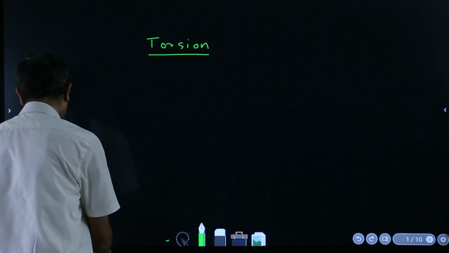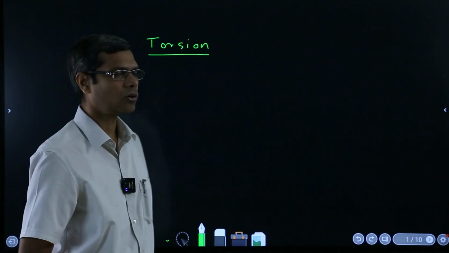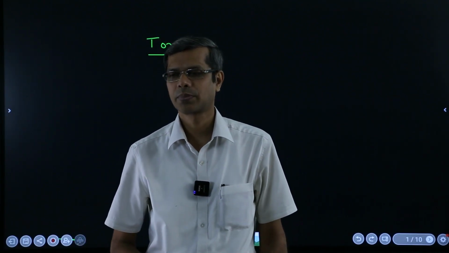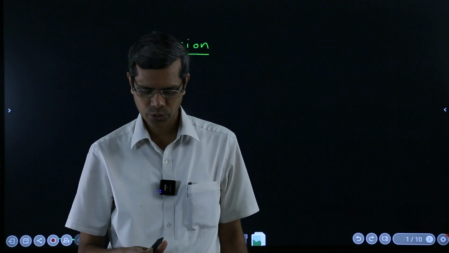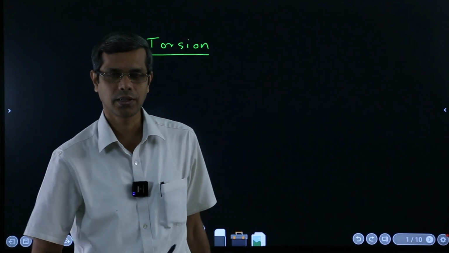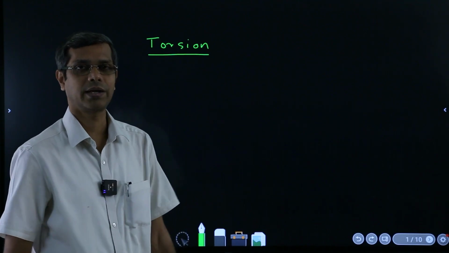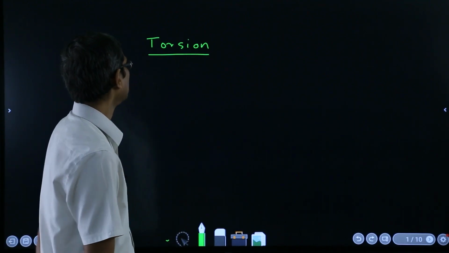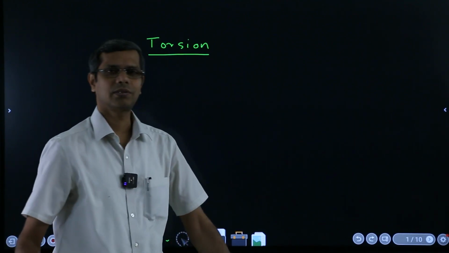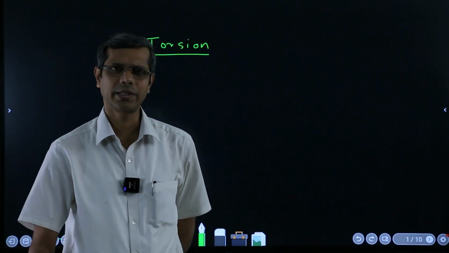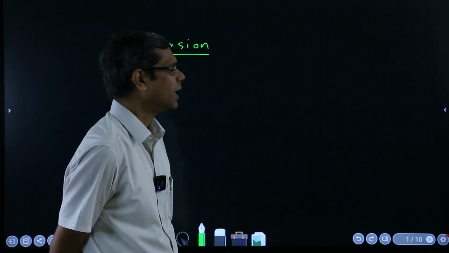To discuss that, we will acquire all the tools and concepts to explain the reason why the chalk piece breaks in that way. Anyways, it basically means twisting, but the technical name is torsion.